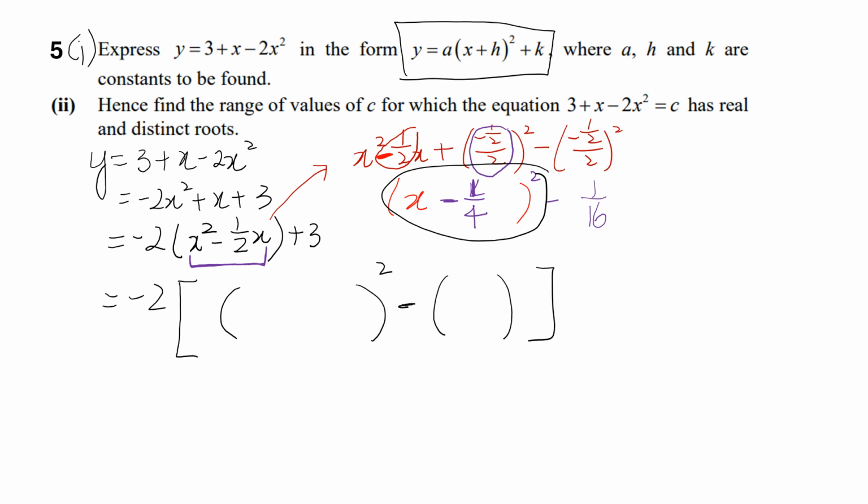And of course my plus 3 is outside. Leave it unmolested. What is inside here is just basically x, and then you take negative half divided by 2, so that gives you negative 1/4. And what I need to minus off is 1/4 squared.